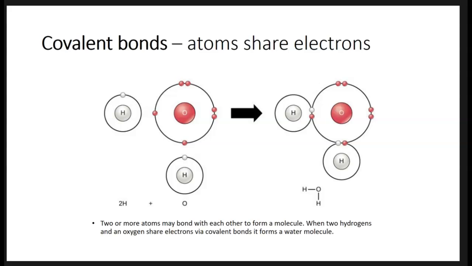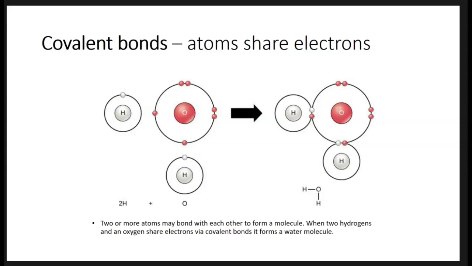So one way that atoms are able to get a nice stable outer electron shell is by sharing their electrons with other atoms. And the way they do that is by forming covalent bonds with other atoms.